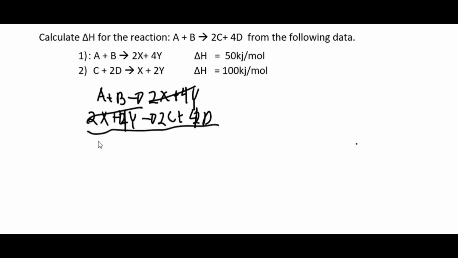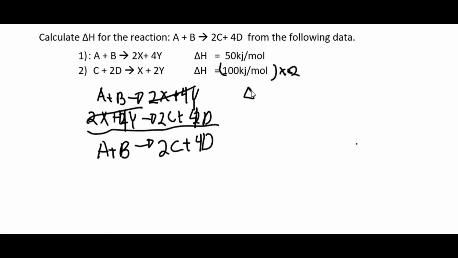So what we are left with is 4a, plus b, and this. Since we multiplied it by 2, we have to multiply the enthalpy also by 2. And then we also reverse this, so it's going to be negative.